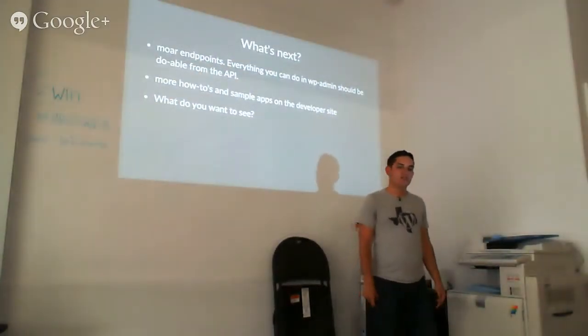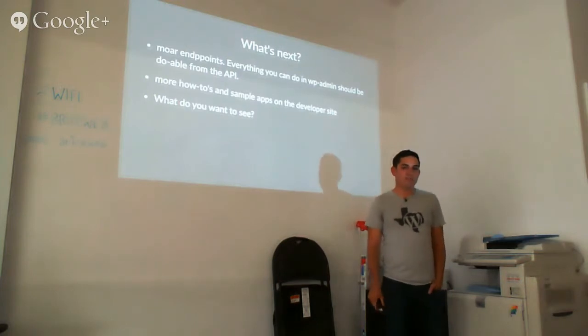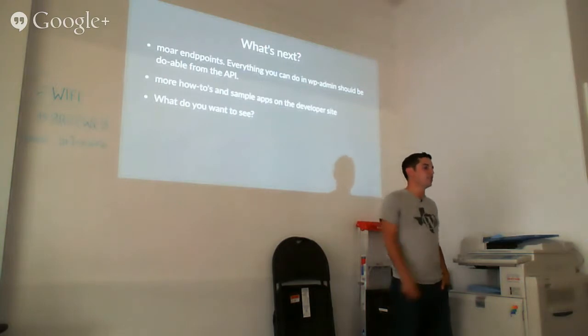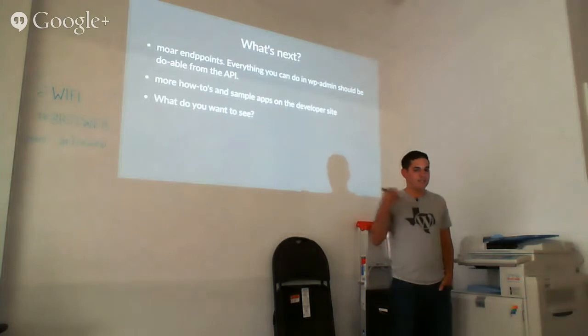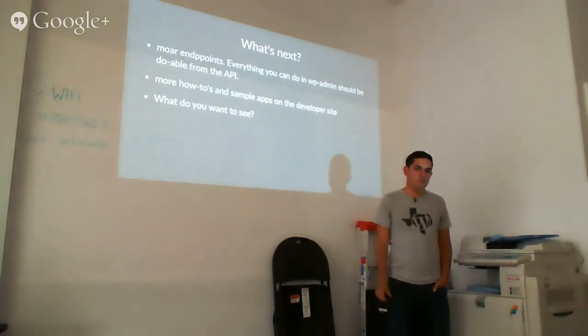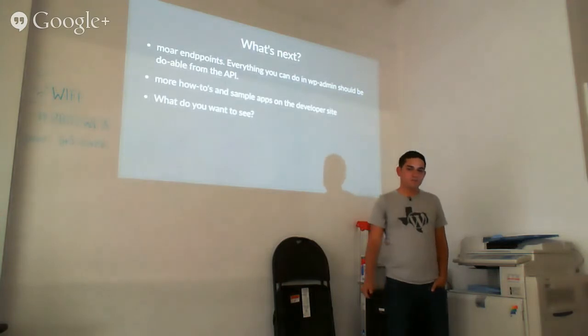So what's next for the REST API? More endpoints. As I said before, everything you can do with WP admin, you should be able to do from the API. So we'll add things like changing blog settings, and basically anything you can do in WP admin, you should be able to do with the API.